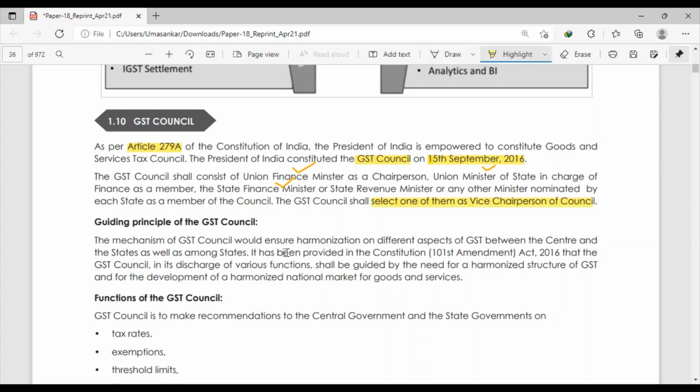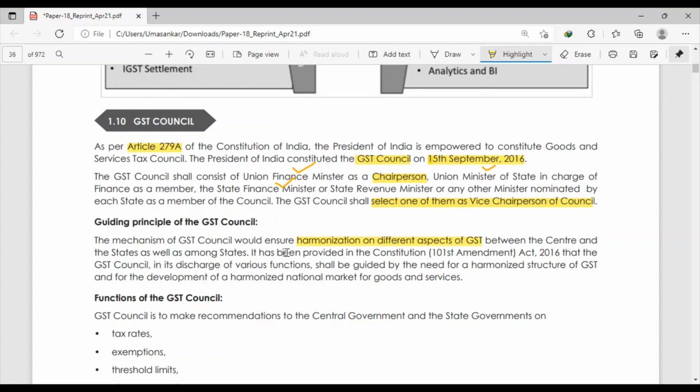So who will be the chairperson? The chairperson will be the Union Finance Minister. But out of all the ministers of the states, one of them will be selected as the vice chairperson of the council. Now, what is the mechanism of the GST Council? The mechanism of the GST Council would ensure harmonization of different aspects of GST between the center and the states as well as among the states.